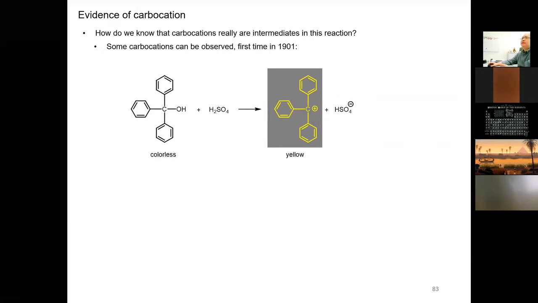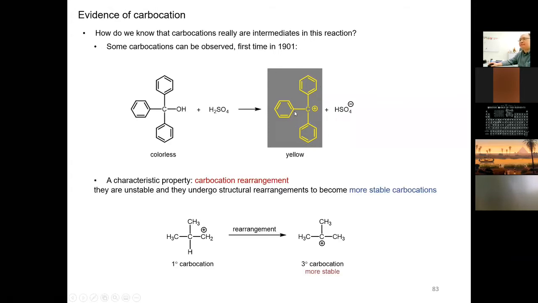As early as 1901, people already discovered the presence of carbocation. For example, if you have this colorless compound, triphenylmethanol, in the presence of an acid, this OH can leave to generate a yellow substance. And people found out the yellow substance is actually a carbocation.